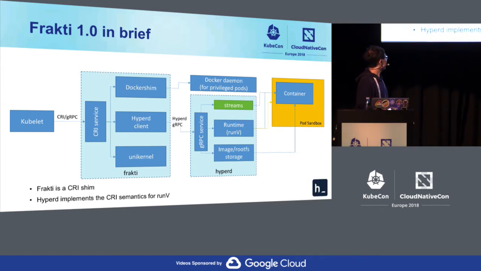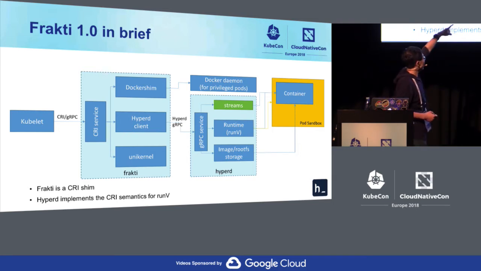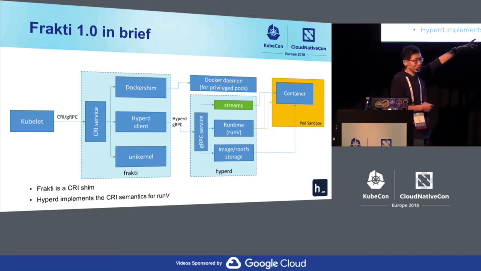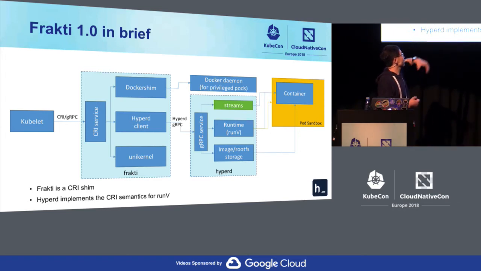Frakti was the first non-Docker CRI runtime implementation. It calls hyper-D with gRPC to create the runV containers, and for some privileged containers it just uses the Docker shim, and for the hyper-D part it uses runV as a library.